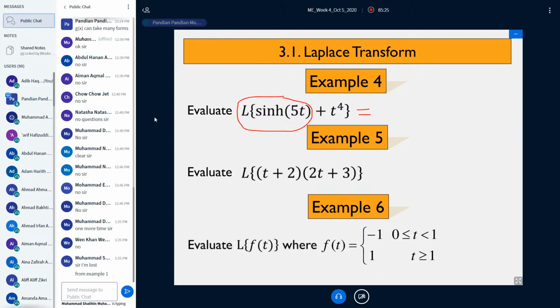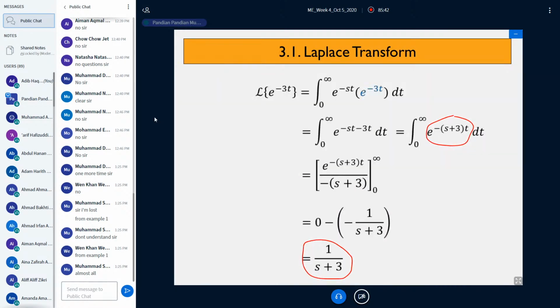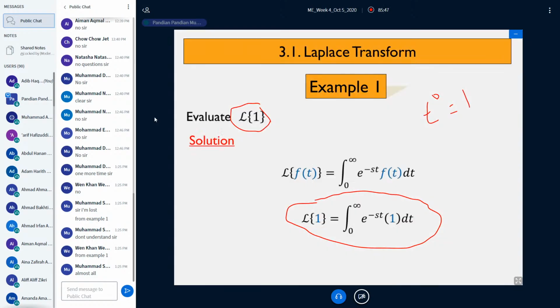No. Muhammad Salihin, which one? Which one? Example 1. When? Where is example 1? Example 1. From example 1.